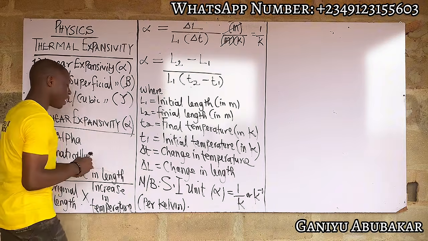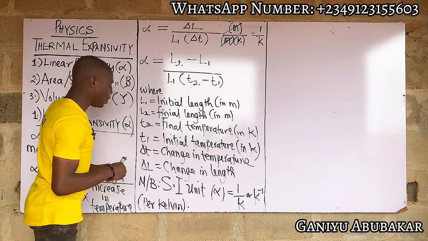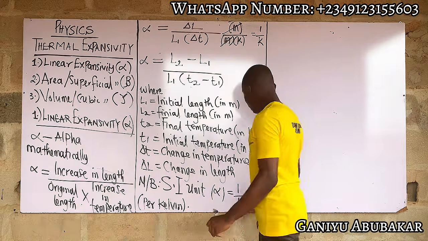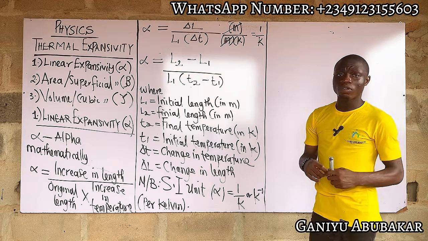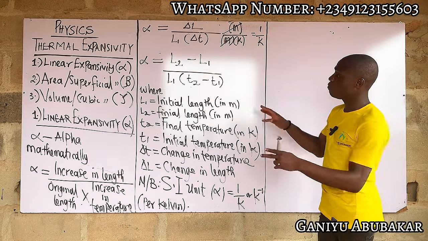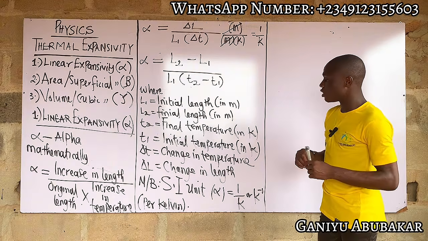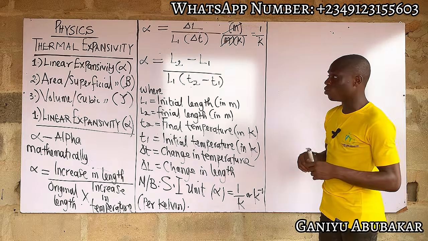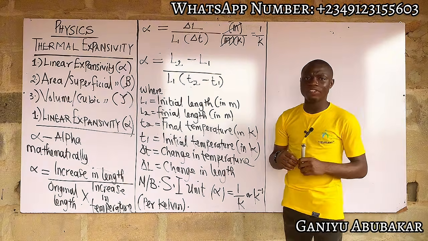So note that the SI unit for alpha is simply per Kelvin, as you can see in front of you. So with these few concepts here, let's look at some examples, some past questions on linear expansivity, and we're off.